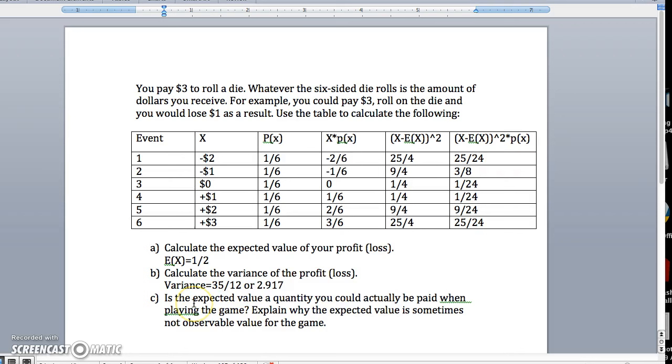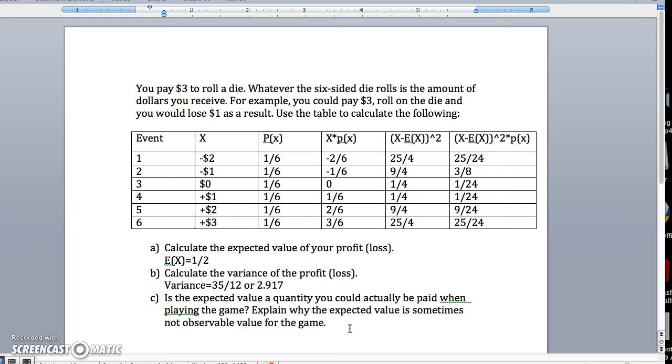The last question asks, is the expected value a quantity you could actually be paid when playing the game? Explain why the expected value is sometimes not observable value for the game. So we know when doing this that this is a value you typically get if you played an infinite amount of times.